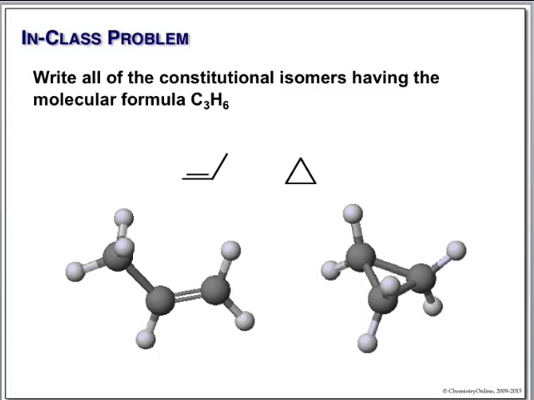Once again, look at this, the valence of all these carbons is still 4. Here we have 4 bonds, 1, 2, 3, 4. Here we have a double bond, so that's 1, 2, 3, 4. 1, 2, 3, 4. 4 bonds to all the carbons. Double, single, triple, rings, etc.